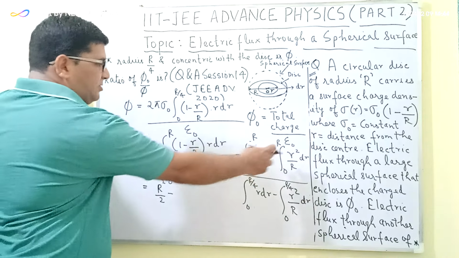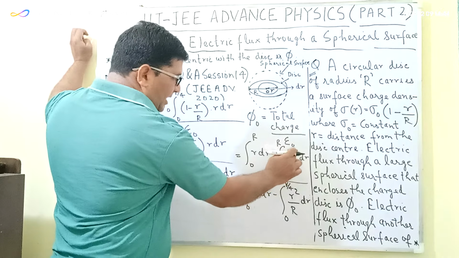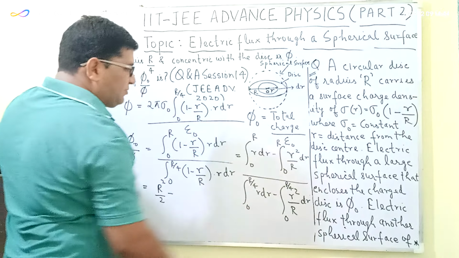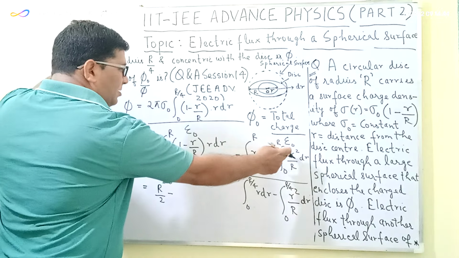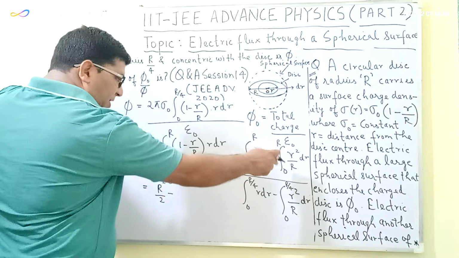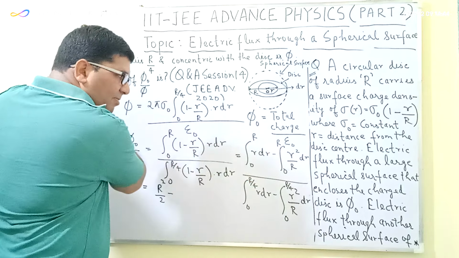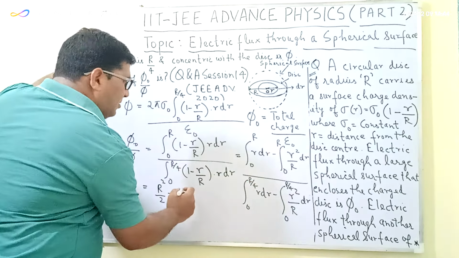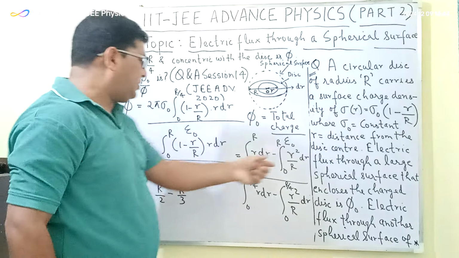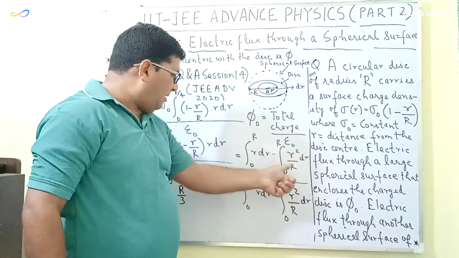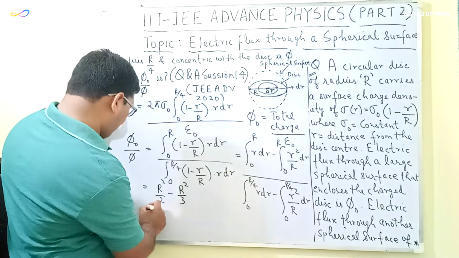So this will be the integration of r square dr, the value of which will be equal to R cube by 3, and by putting the limits of 0 and R, with the 1 by R, I will be getting the value as R square by 3.